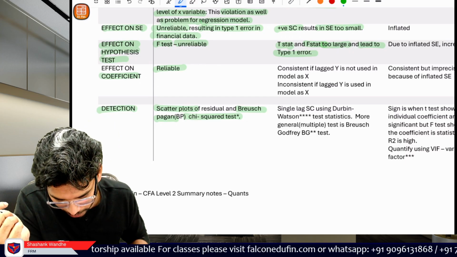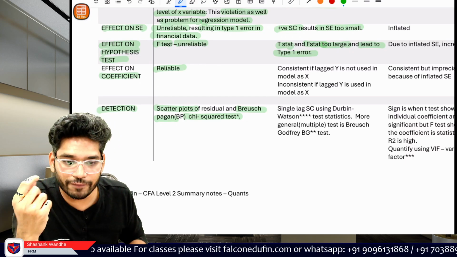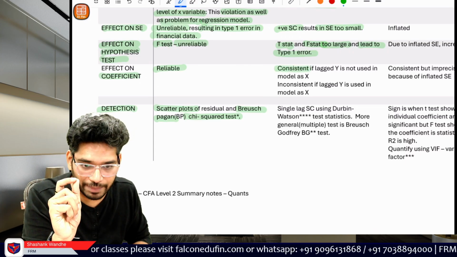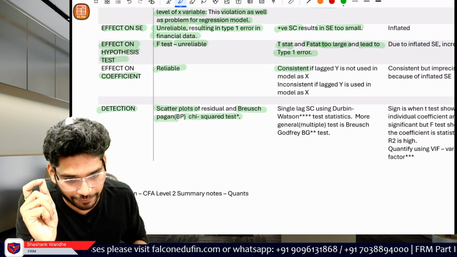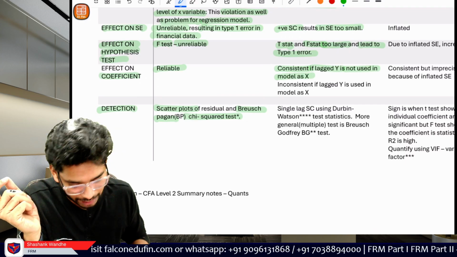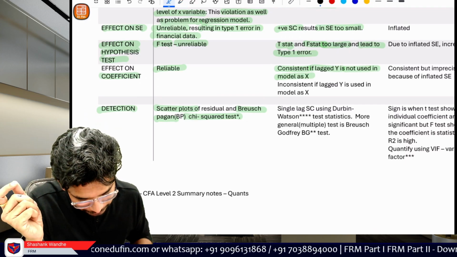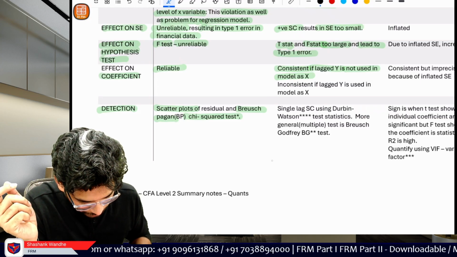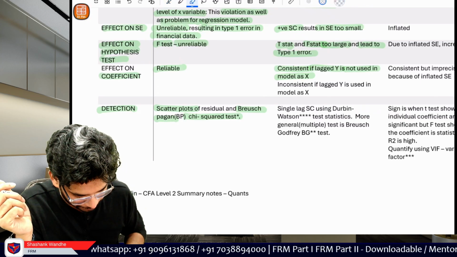Now, effects on the coefficients. What are the effects on the coefficients? The coefficients are consistent. Remember this. The coefficients are consistent if the lagged y is not used in the model as x.